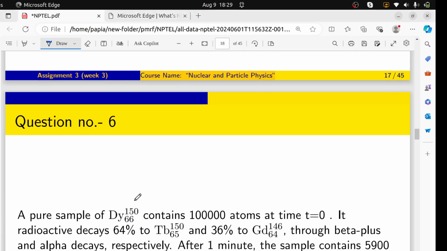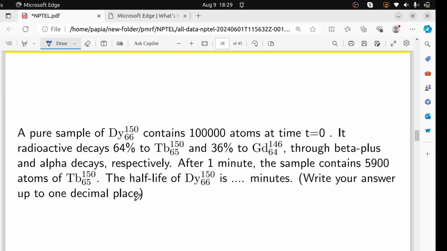Just see the question, because this is a little bit tricky. I'm going to read that one very carefully so that you can understand each and every sentence. A pure sample of Dy 66150 contains 1 lakh atoms at time t equals to 0. So from this sentence, obviously we can directly tell N0 is 1 lakh. Is it understandable by everyone?